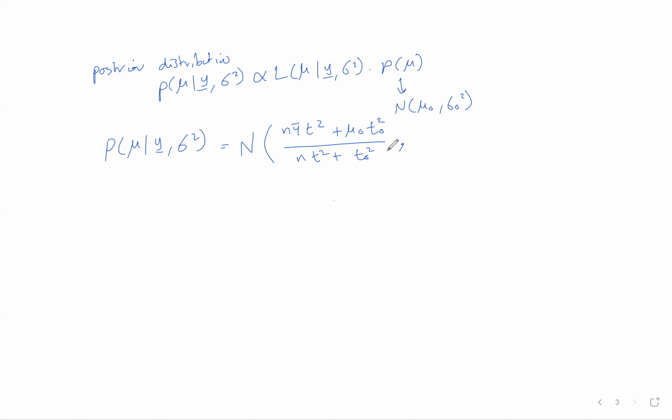This is the posterior mean or the estimation of the population mean mu with variance 1 divided by n tau square plus tau 0 square. Tau square is 1 divided by sigma square, which is known, so tau square is known. Tau 0 square is 1 divided by sigma 0 square, and you select mu 0 and sigma 0 square as a researcher, so tau 0 square is known after you select the sigma 0 square.